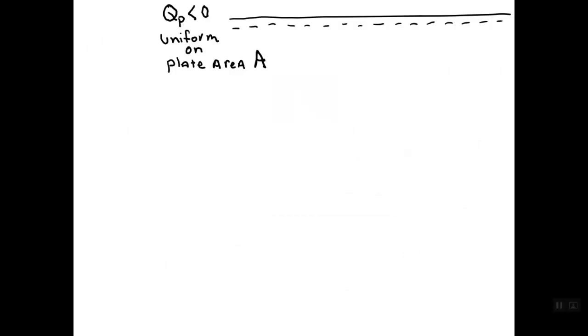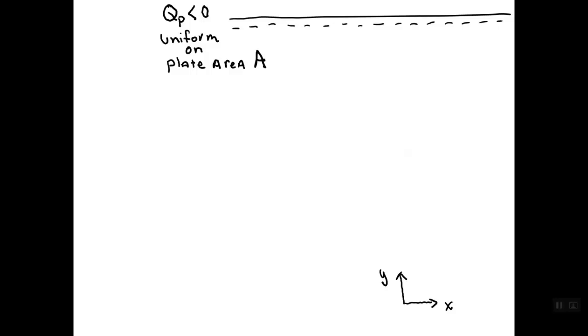Here's an example that's a bit more complex. Imagine we have a plate of area A with charge capital Q less than 0 spread uniformly over the plate. Let's choose our coordinate axes like this, with the y-axis perpendicular to the plate.